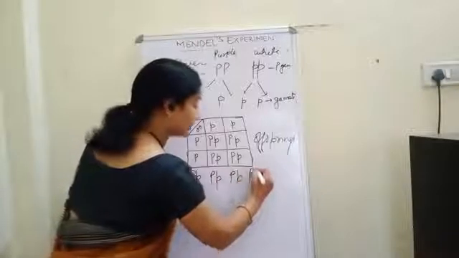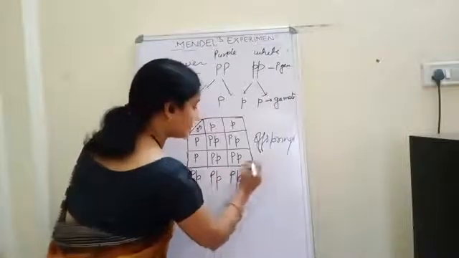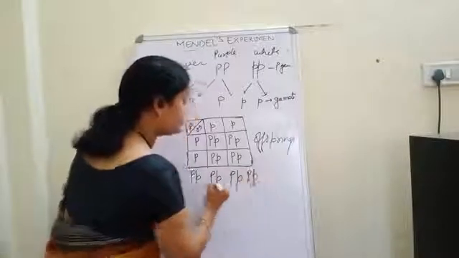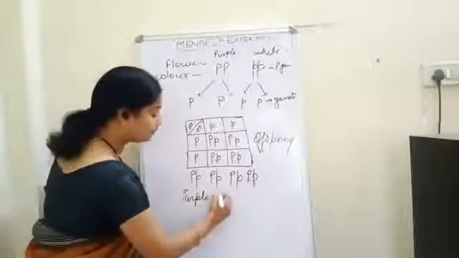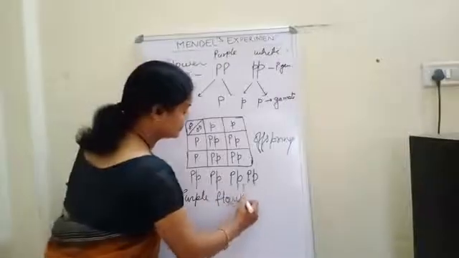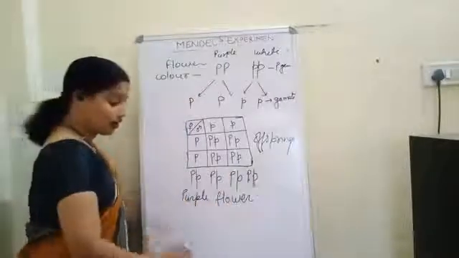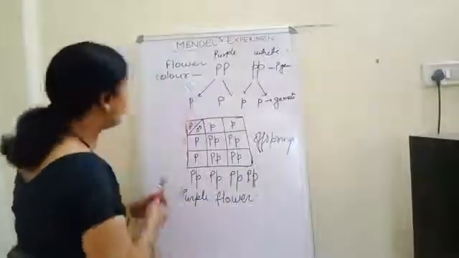So every time what we will get is a purple flower. This is called the law of dominance.